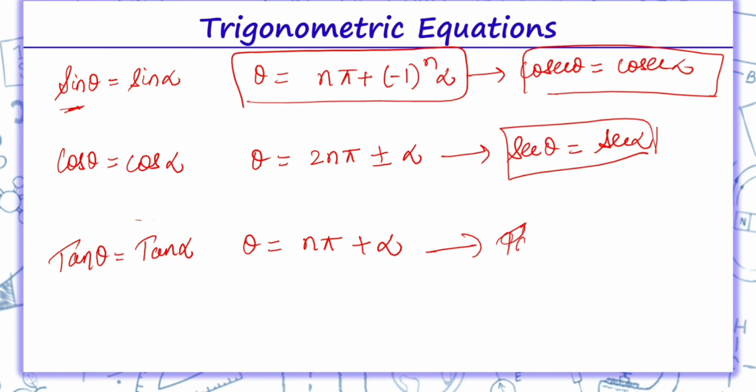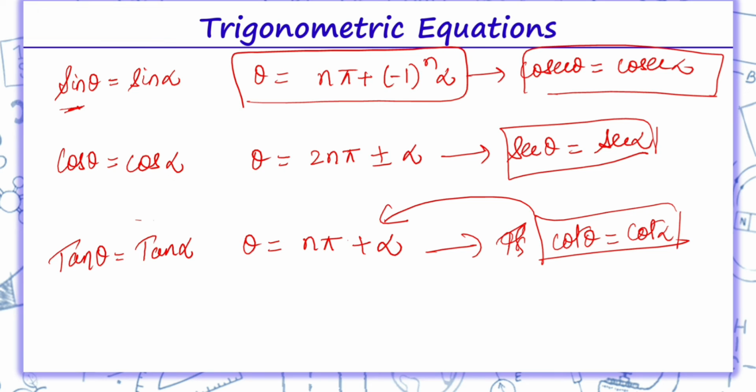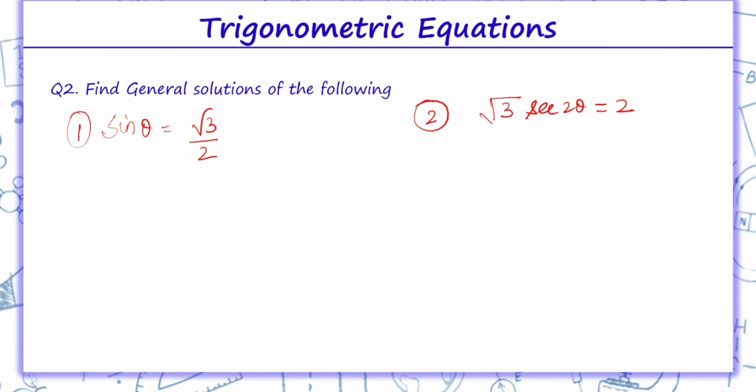Same is the case over here. Cot theta is the reciprocal of tan, therefore this general solution is given by this only. Coming on to the question part, over here we are provided with sin theta equals root 3 by 2.